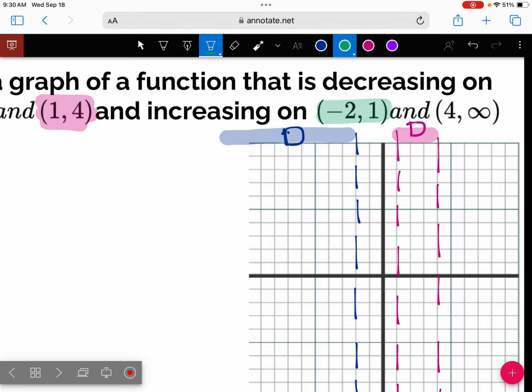Between negative 2 and positive 1, so in this space right here, it's going to increase. And from 4 to infinity, so this guy over here, it's going to increase. See all those little pieces right there? Questions on any of the pieces?